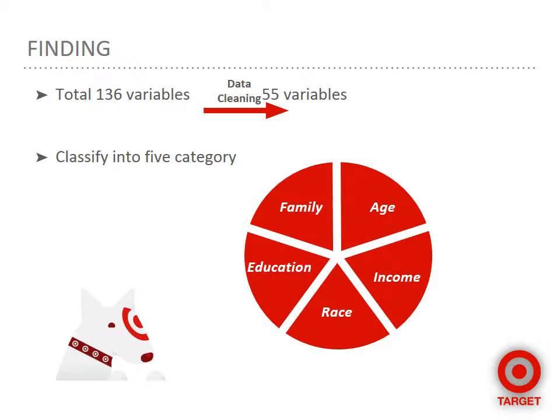And we also delete the columns with a lot of missing data. So the next step is to facilitate our analysis process. We classify all variables into 5 categories, which you can see in the chart. They are family, age, education, income, and race.